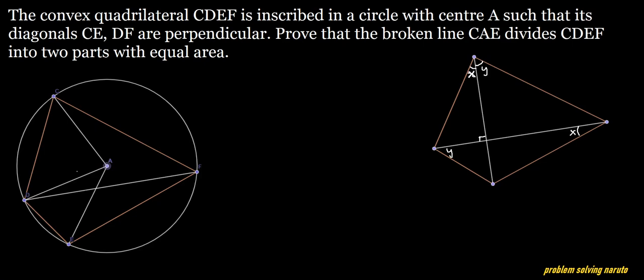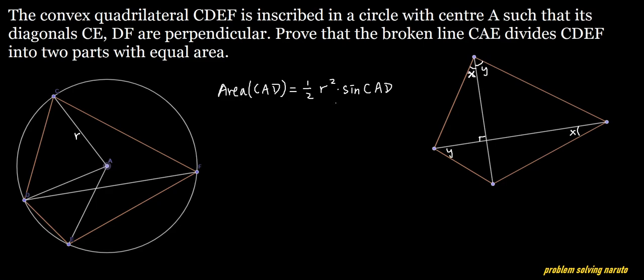Of course this is the radius, this is radius R. And then you can see that the area of triangle CAD would be half of r squared sine CAD, right? Half BC sine A, the area formula.